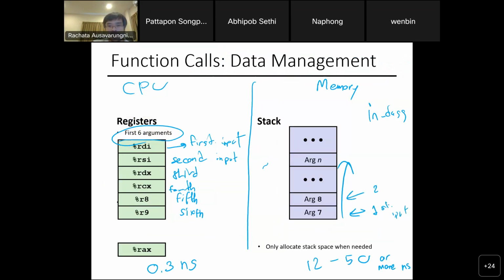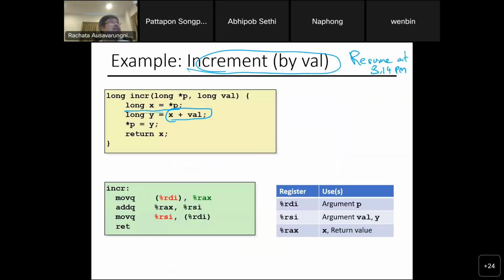This is going to be your second input, and so on and so forth. It doesn't use this part. This is the older version of the assembly where you don't use the register. So that's for in class 9. Yeah, it's all on the stack.